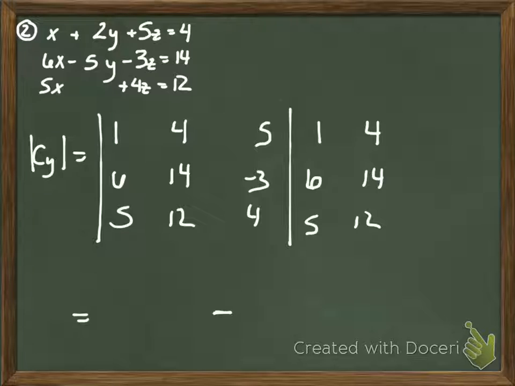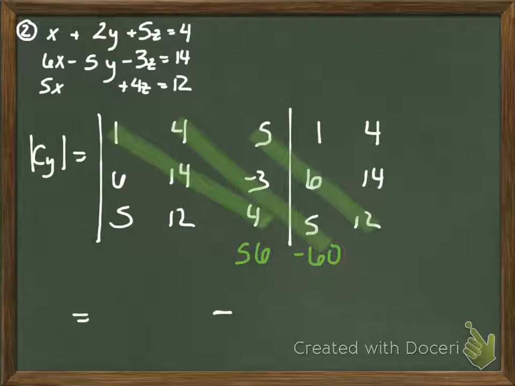And so our downs minus our ups, and we've got to find our downs first. Our downs: 14 times 4, which is 56. 4 times negative 3 times 5, negative 60.